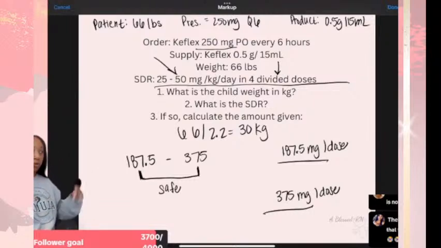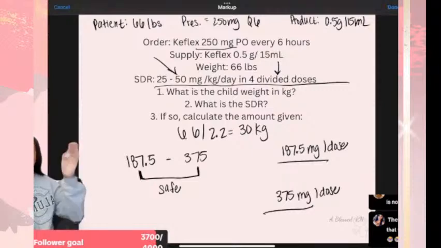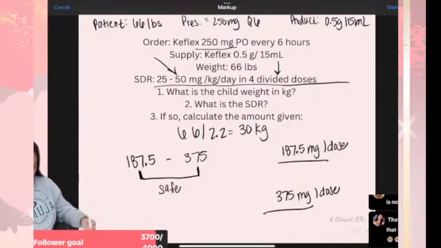So when you have a range, that means you have a lower limit and an upper limit. So this is just telling you what your safe zone is. So you have to use that to find what your safe zone is. So we found our safe zone, okay? So then when you go to your order from the doctor, it says that the doctor, he or she or they, have ordered 250 milligrams by mouth every 6 hours.